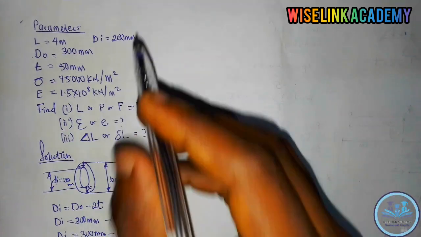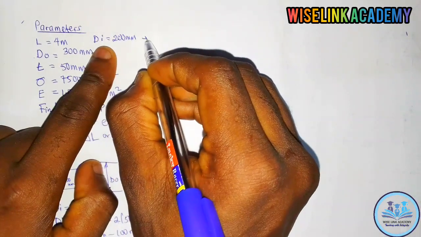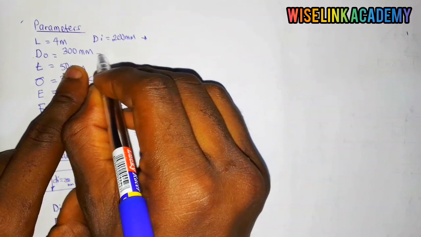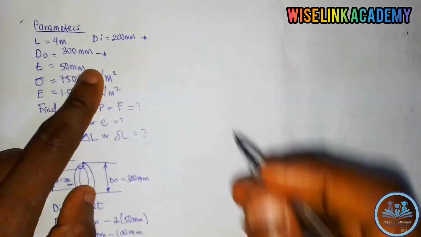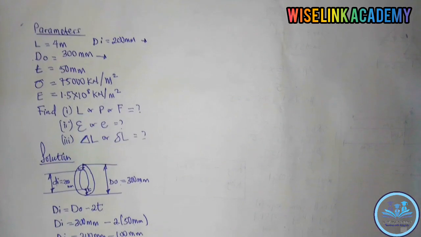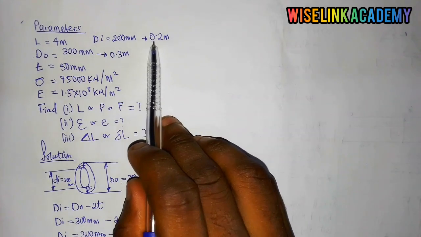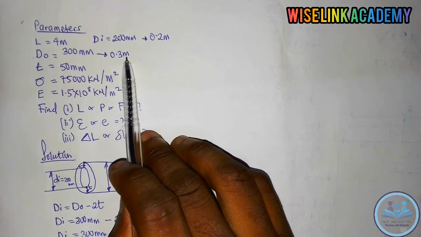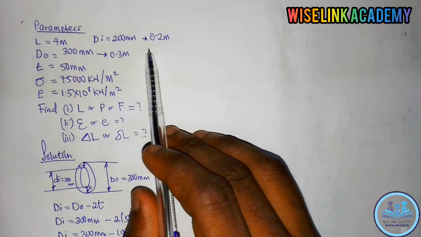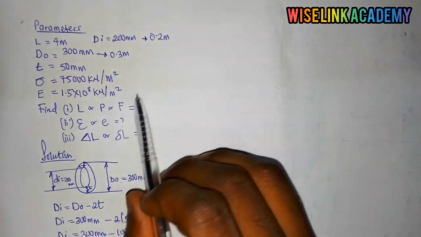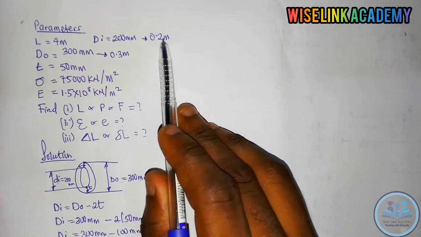So if I convert this to meter, and I convert this to meter, I'll be having 0.2 meter and 0.3 meter as my answer. If I convert millimeter to meter, I'll be having this.